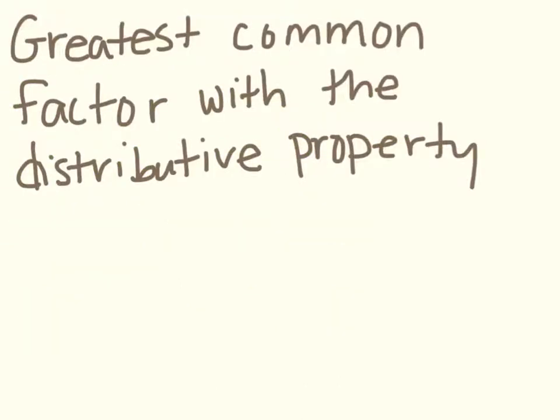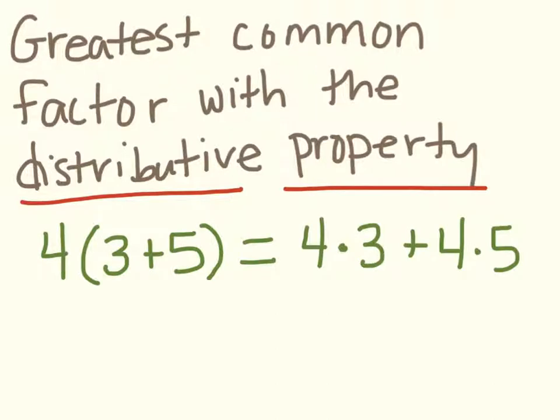Our next idea is to use the greatest common factor with the distributive property. Hold on a second. We'd better stop and define the distributive property before we move on. The distributive property tells us that 4 times (3 plus 5) gives us the same answer as 4 times 3 plus 4 times 5.